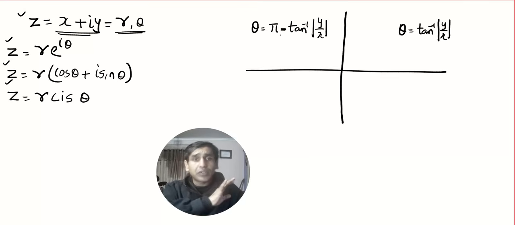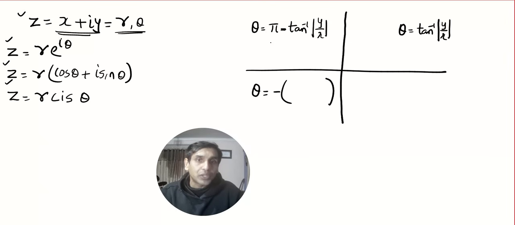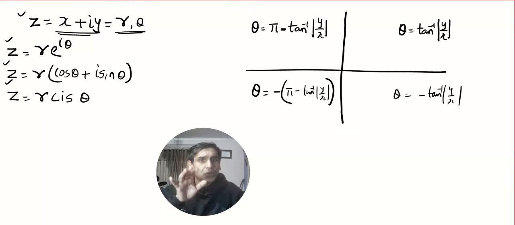Once more, I am not giving the logic, just learn this as a technique, because you are supposed to learn all this stuff in your high school. And if you have a complex number in the fourth or the third, it's very simple. It will be negative of what you saw here. That will be pi minus tan inverse mod y by x, and here theta will be minus tan inverse mod y by x. So it's so easy to study.